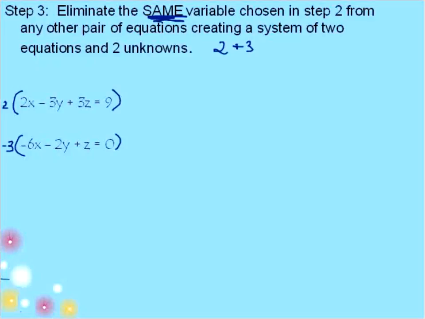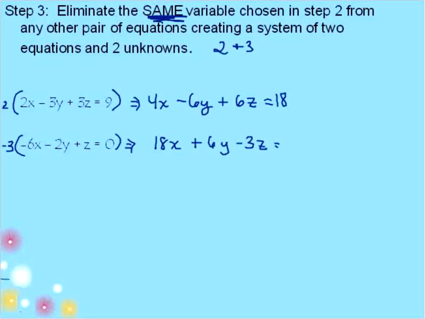So multiplying there gives me 4x minus 6y plus 6z equal to 18. The second equation, multiplying the negative 3 through the parentheses, gives me 18x plus 6y minus 3z equal to 0.